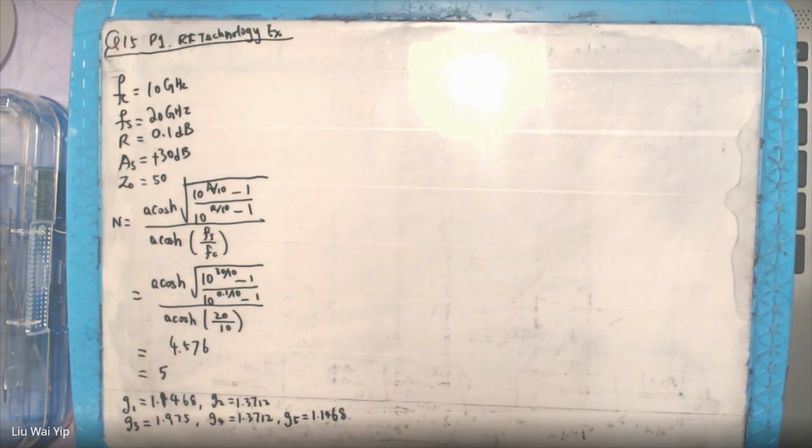So it's symmetrical. That's what we get from the prototype table.